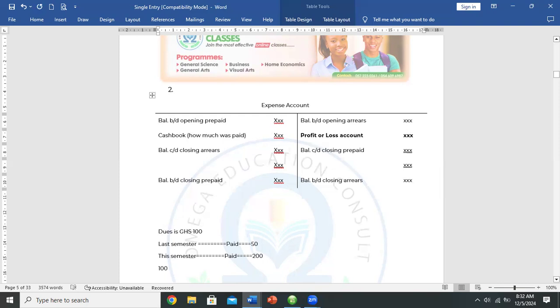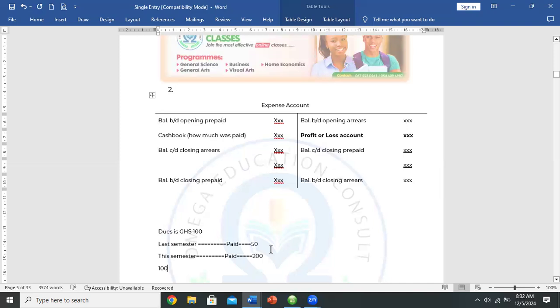Now, if it was based on the cash basis, then you'd only look at how much cash you have paid or expended on that expenditure. In this case too, it's going to be 100 Ghana cedis because the dues you are supposed to pay is 100 and you've actually spent cash of 100 cedis on that. The balance 100 will be for the next period.